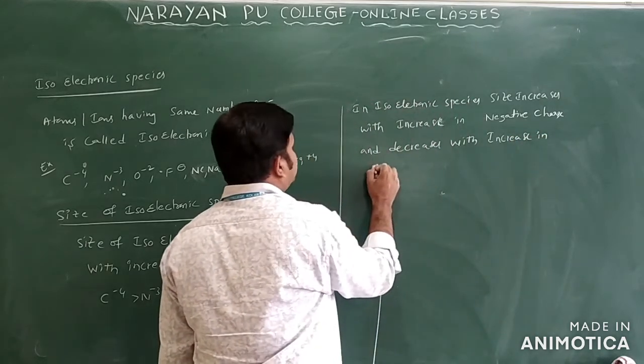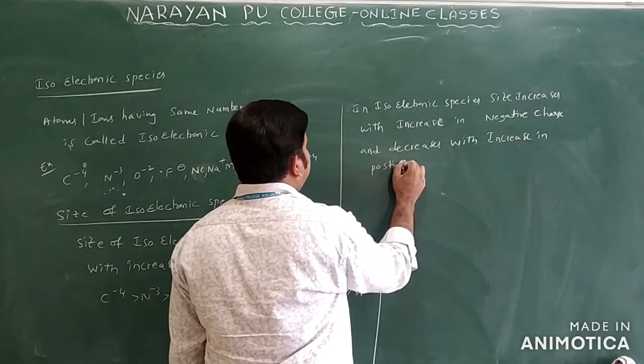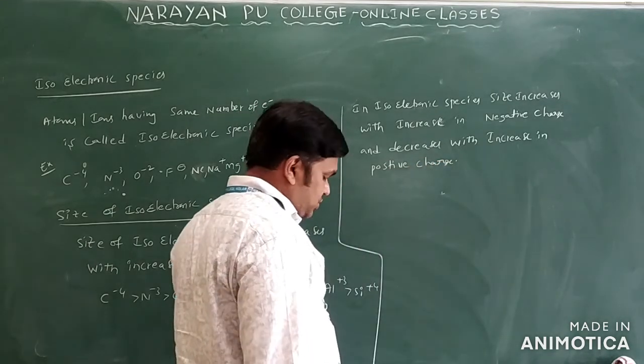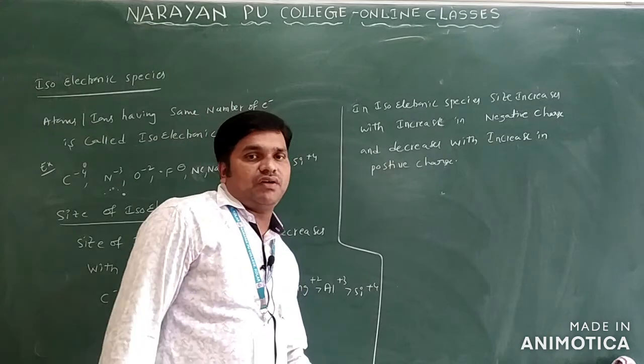That you can also write. I will write this: in isoelectronic species, size increases with increase in negative charge and decreases with increase in positive charge only. So this is one of the points you can write.